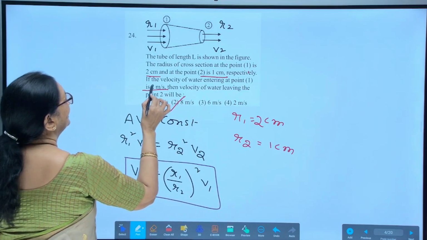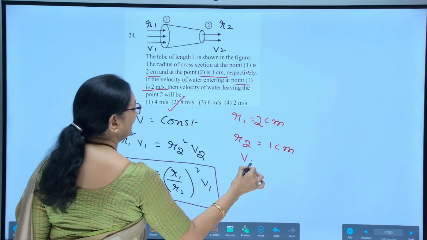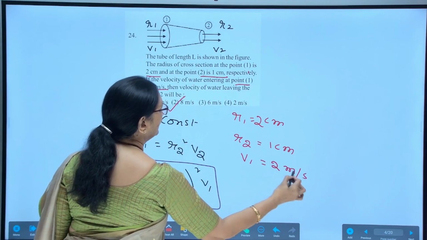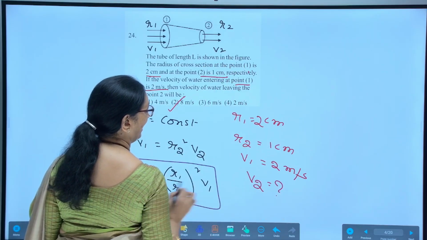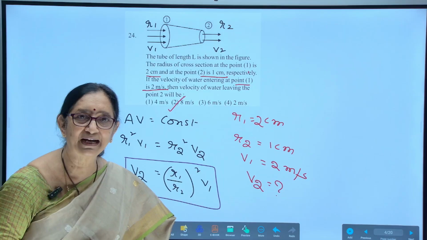Okay, and then what else is given? Entering at the point, V1 is given as 2 meter per second. We are supposed to find velocity V2. V2 is how much? So here this is based on the equation of continuity.